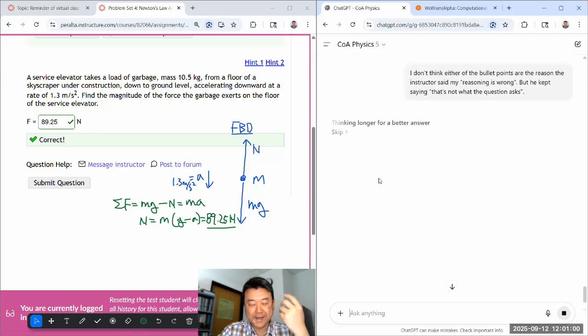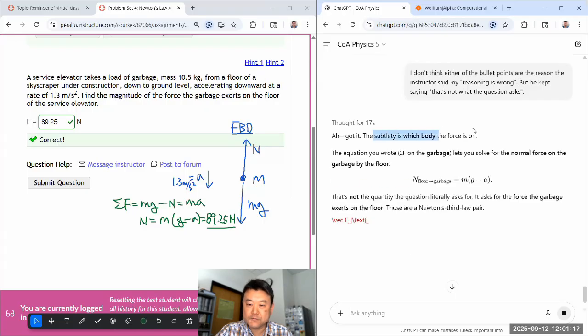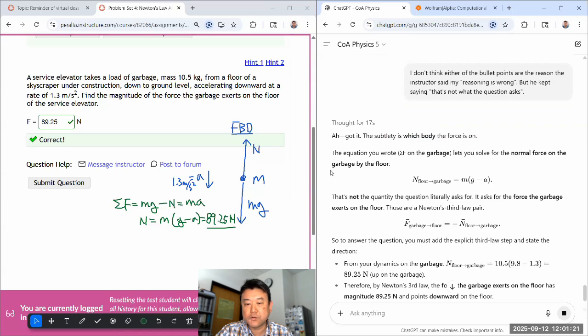Again, in the meeting, I wouldn't be so cryptic. I might be cryptic initially, but after back and forth, if my cryptic hints are not getting us anywhere, then I will explain. Yeah, which body the force is on. So we have the normal force on the garbage by the floor.